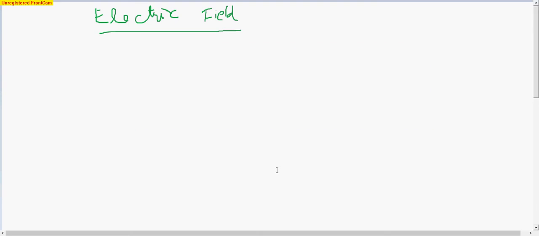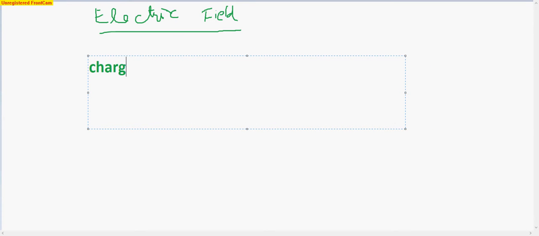The electric field is actually the charge per area. Okay, I'm sorry, that's not correct. I got confused with charge density.